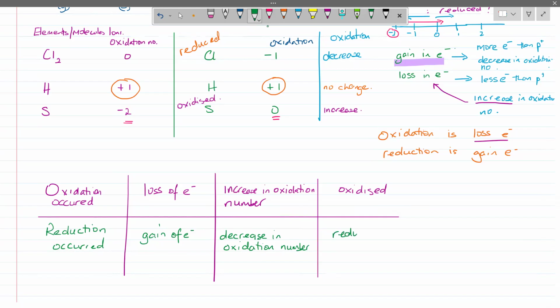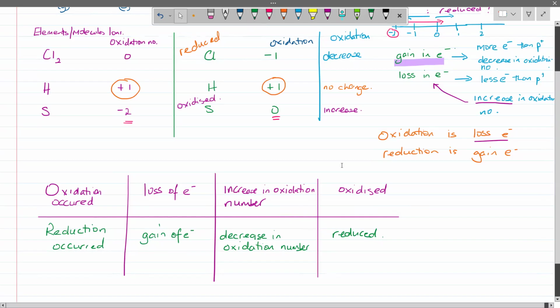And we could say that that particular thing was reduced. Does that make sense to everybody? Yeah?